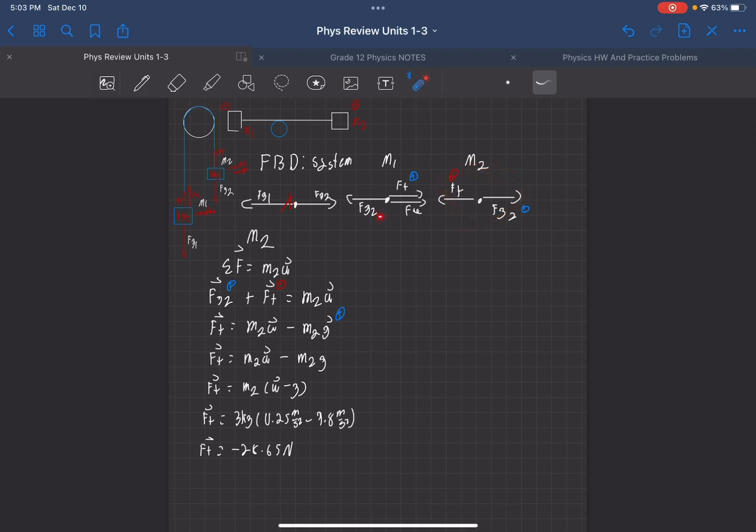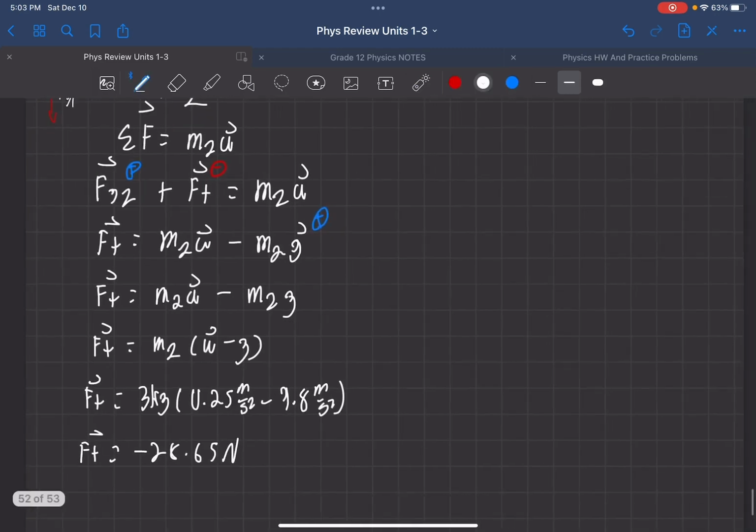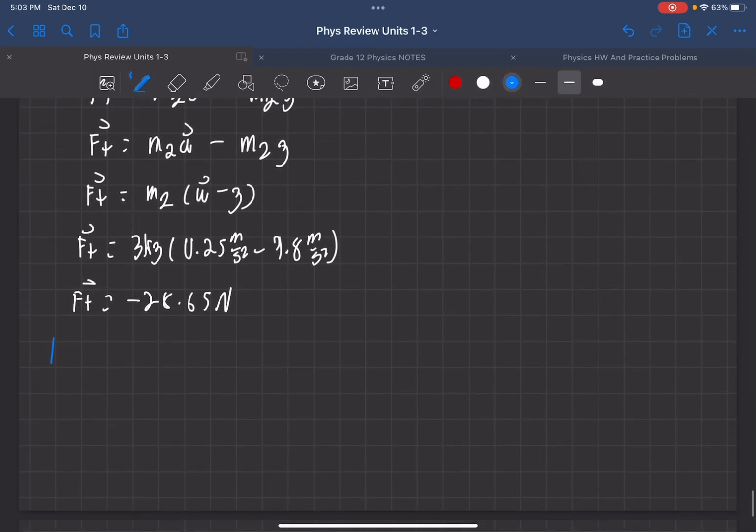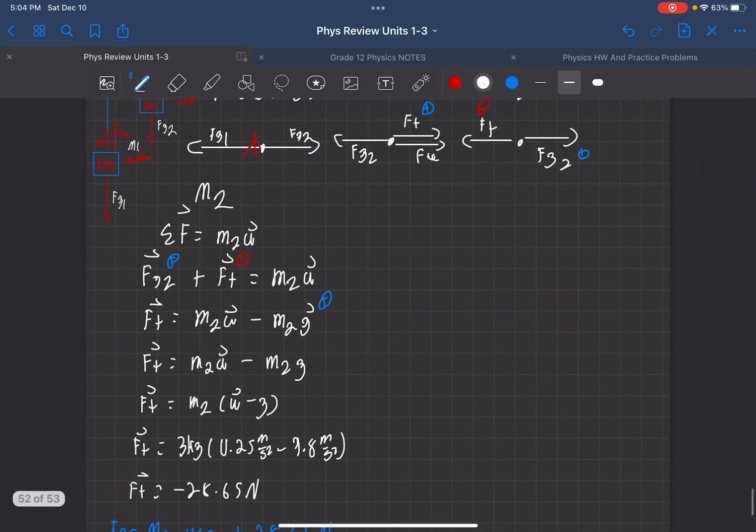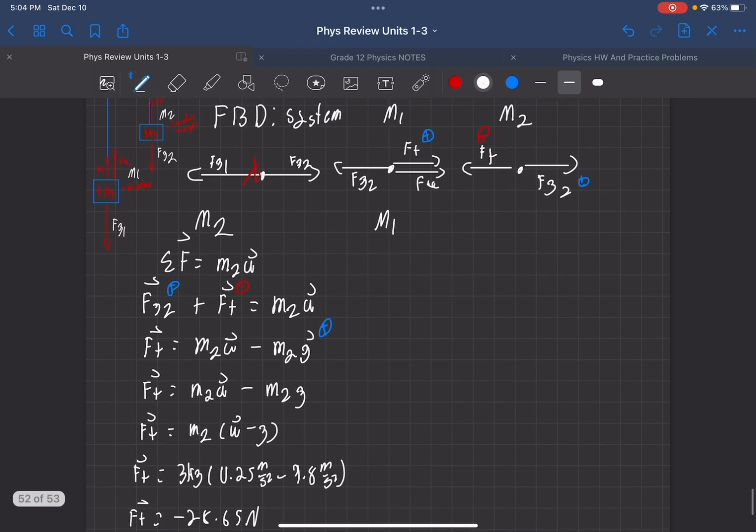So now we're going to work with M1. And what do we notice about M1? Well, M1 has a positive tension, and M2 has a negative tension. So for M1, use positive 28.65 newtons. Okay, so M1, what are the forces acting?